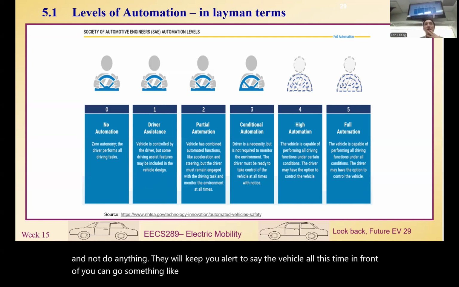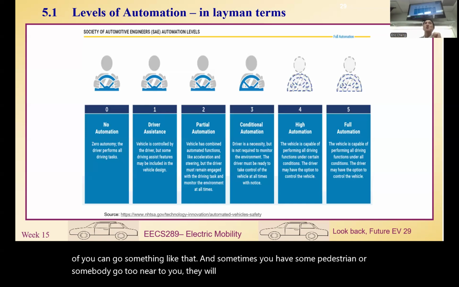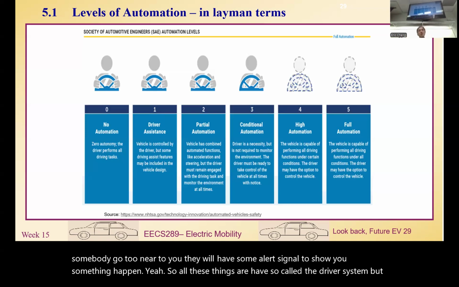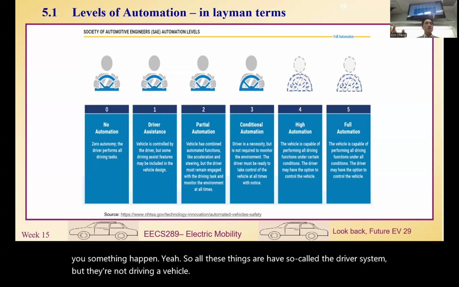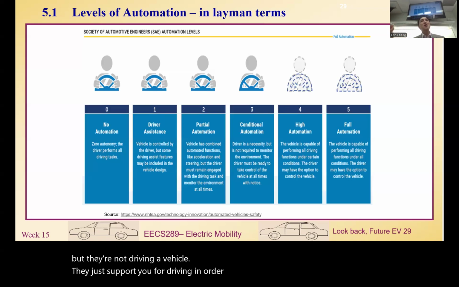And if some pedestrian or vehicle is too near, there will be an alert signal to show you something happened. So all these things are so-called driver assistance, but they're not driving the vehicle. They just support you in driving, in order to reduce accidents and help you drive better.